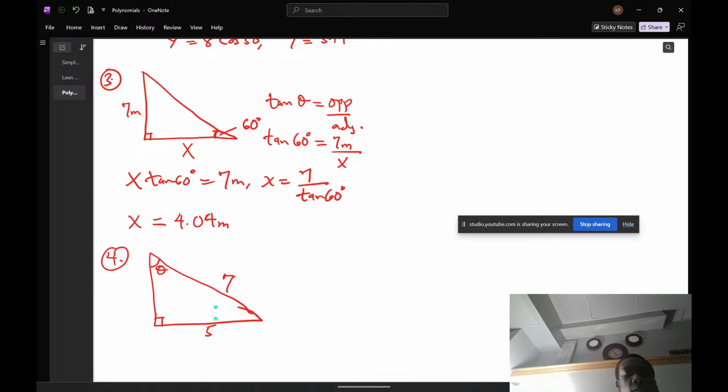This side is the hypotenuse, so we are given that the hypotenuse is 7 and the opposite is 5. So in that case, we're using sine theta. Sine theta is equals to the opposite divided by hypotenuse. So 5 divided by 7, let's find out.